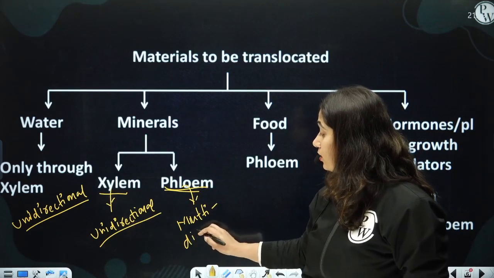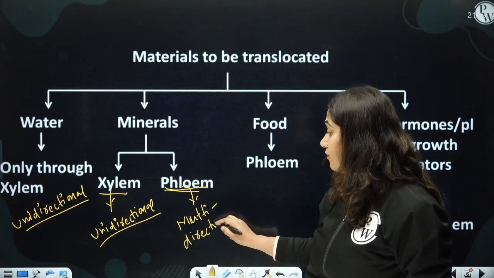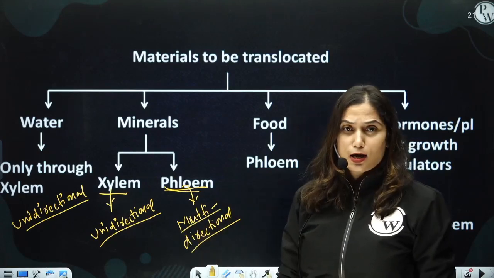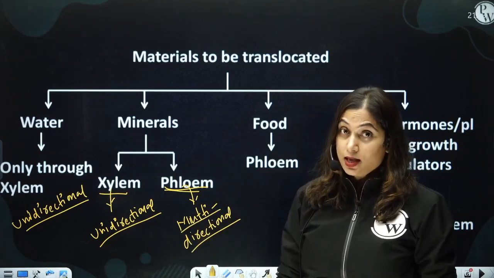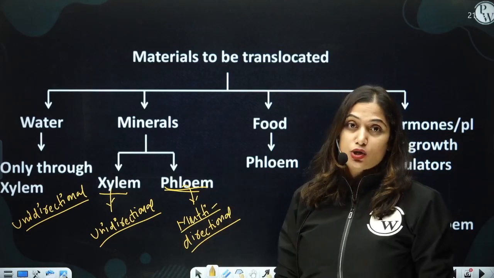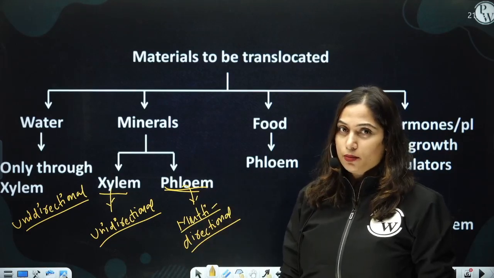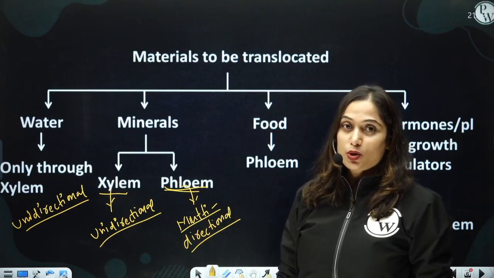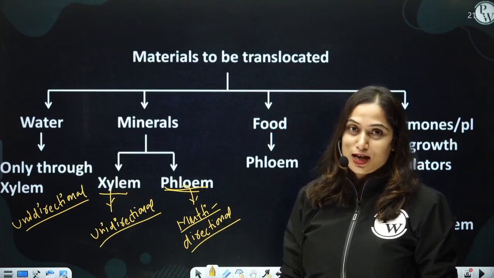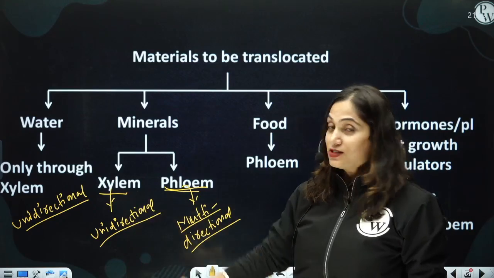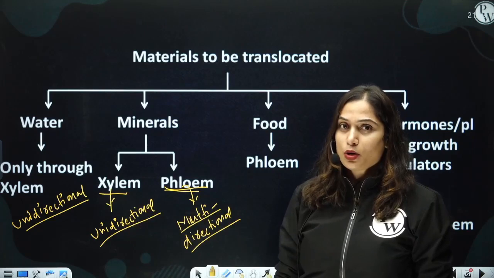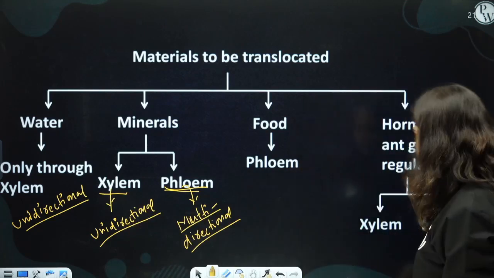Now you will say that, ma'am, we have read that the translocation of minerals occurs through xylem, and you're saying that the minerals are translocated both through xylem and phloem. Are you saying it right? Yes, I'm saying it right. Minerals are translocated both through xylem and phloem. But in case of xylem, the source will always be the root. But in case of phloem, what's the case? Let's understand.